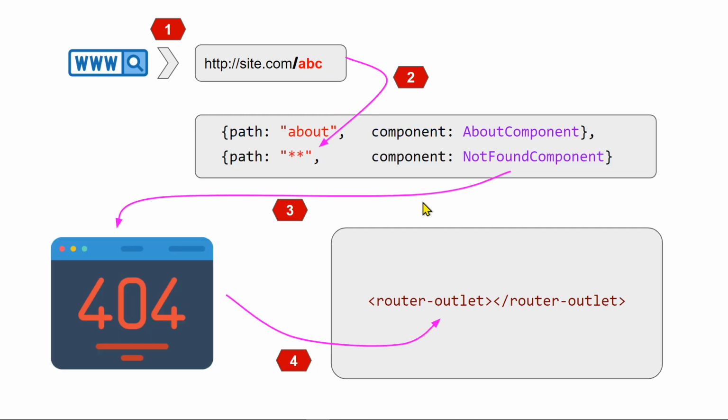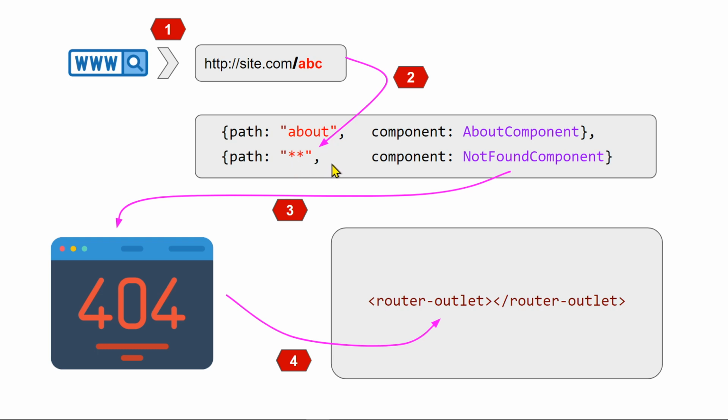Now another scenario, what if you have a link that is not a part of the path at all? Then there's a special route called the double stars or two stars that will catch any route that is not matched in the pattern at all. So this is a catch-all or a wildcard. You always want to put this at the very last of the routes, because if you put this above it, it will always be true and will catch anything.